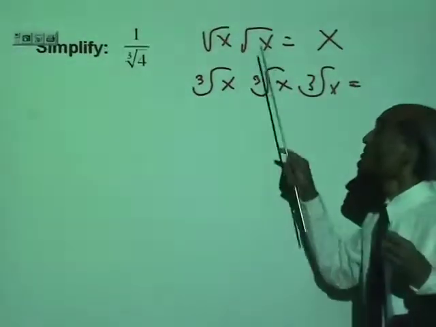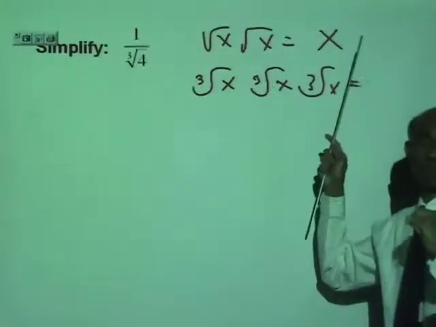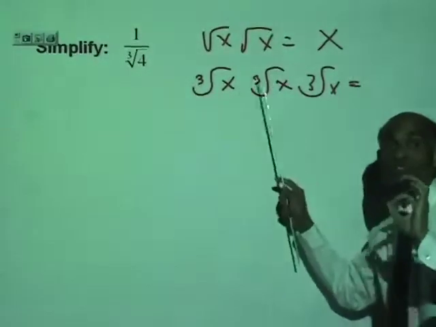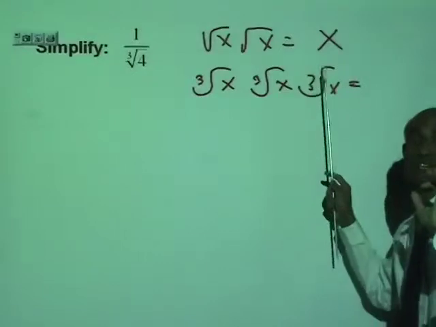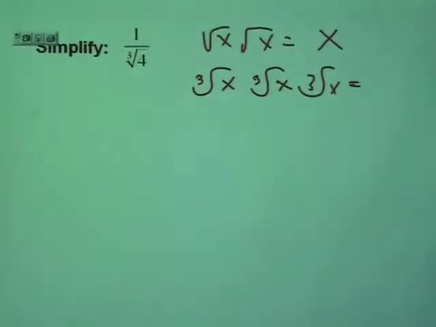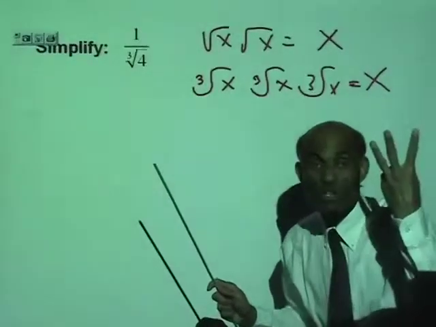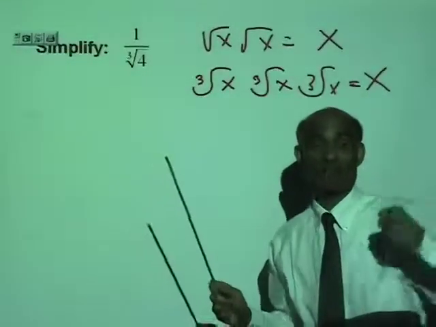You see? Square root of x times square root of x is x. Cube root of x times cube root of x times cube root of x is x. So if you have a cube root, you need to multiply this by itself 3 times to remove the radical.